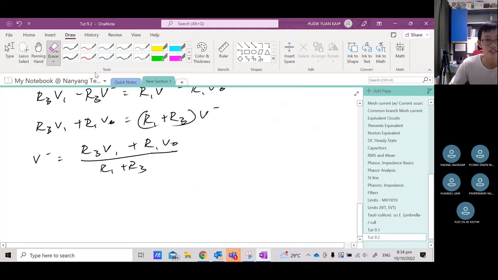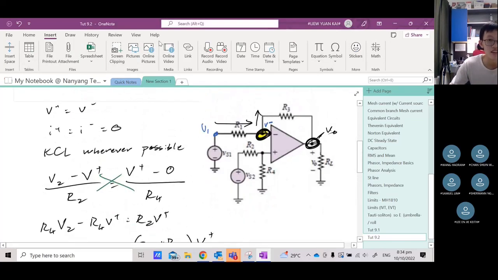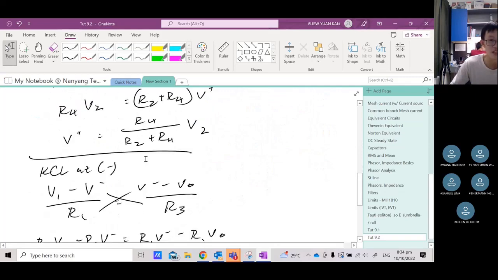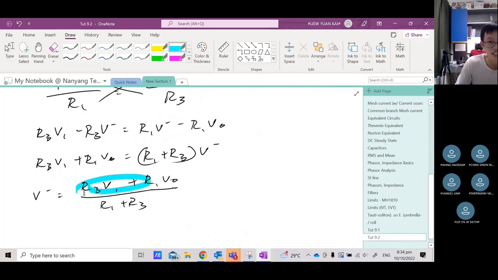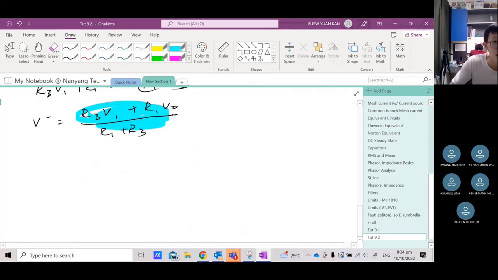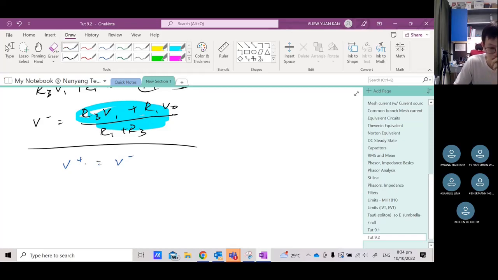Okay. So now we can make use of the first fact to equate the expression that we derived, this one with this one. So let us go ahead and do that. V plus equal to V minus.